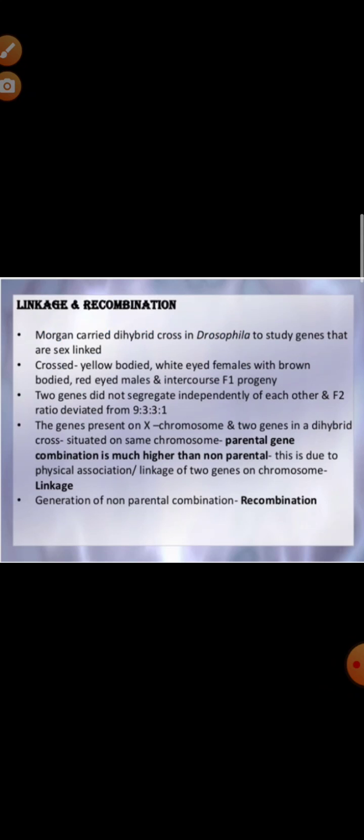T.H. Morgan was a scientist. He carried out several dihybrid crosses in Drosophila to study the genes that are sex-linked. What did he observe? He observed that when the two genes in a dihybrid cross are located on the same chromosome, the proportion of the parental gene combination in the progeny was much higher than the non-parental or recombination of genes.